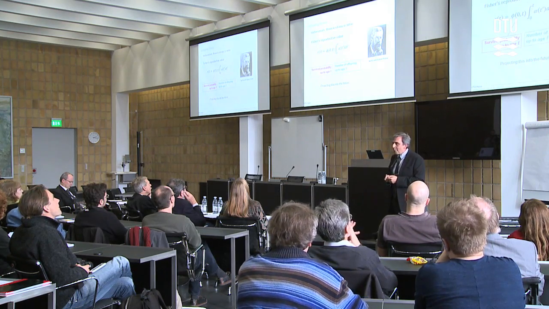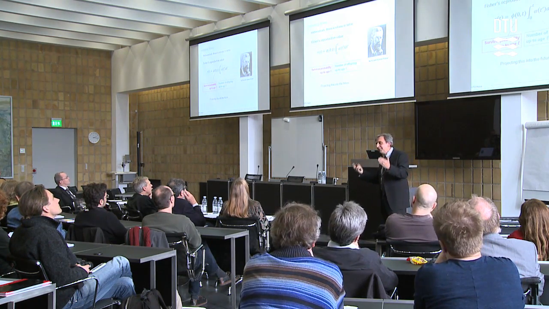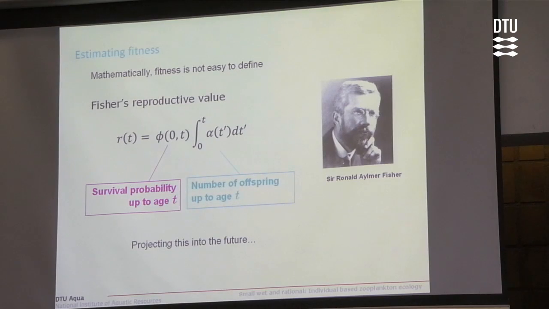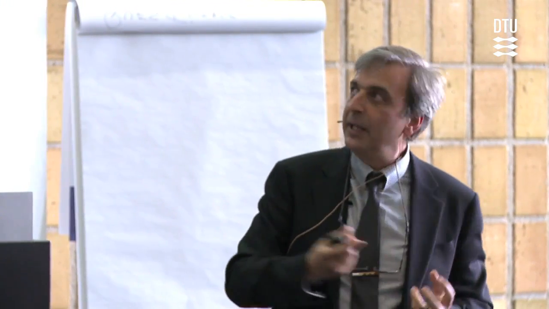Estimating fitness is one of the most difficult things to actually do, and is one of the hindrances for why the biological sciences have been handicapped in becoming a more concrete science like physics or chemistry. The central concept of biology, fitness, is an extremely difficult, slippery thing to determine mathematically.